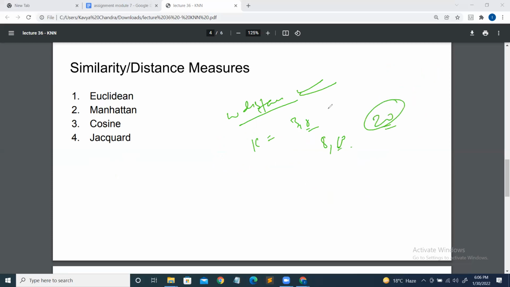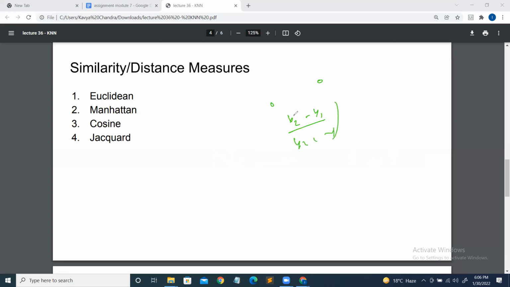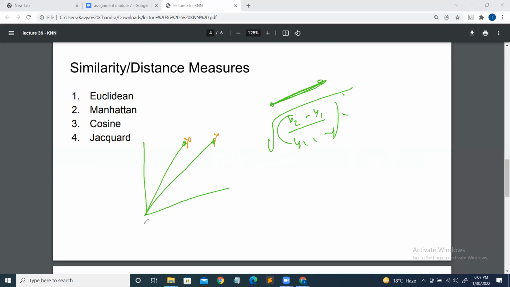Also, there are a few kinds of distances. Euclidean is basically the square root of (x2 minus x1) squared plus (y2 minus y1) squared, and this basically means the direct straight distance. Then there is cosine similarity, which essentially, if there are two vectors, if these are 2 points, goes from the origin 0, 0 and measures the cosine.